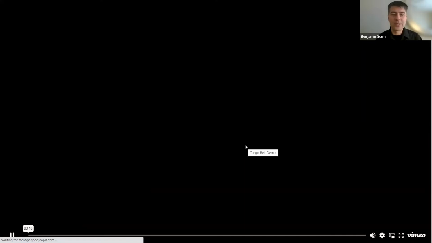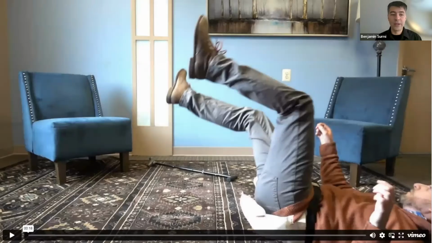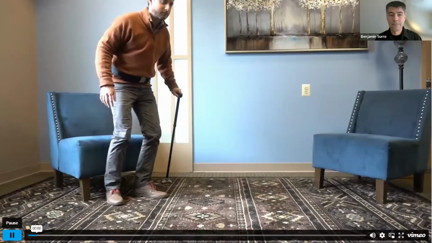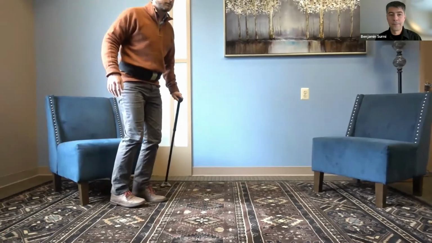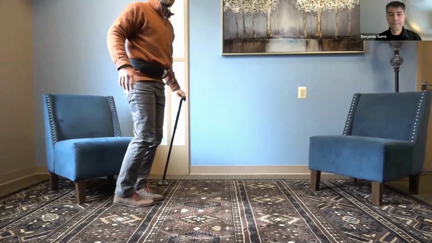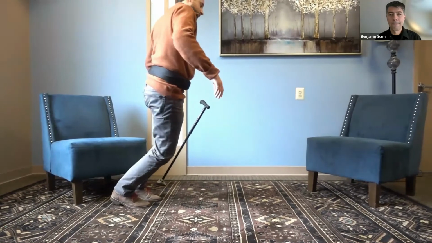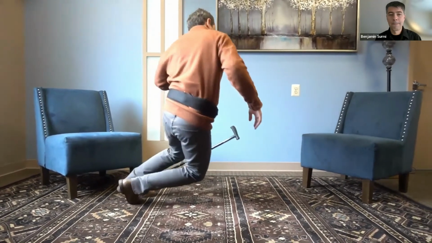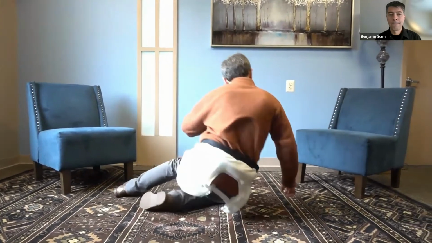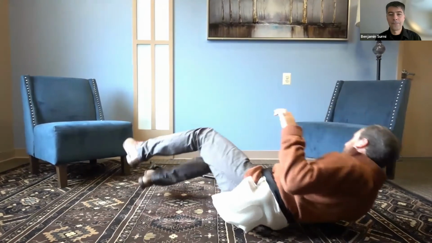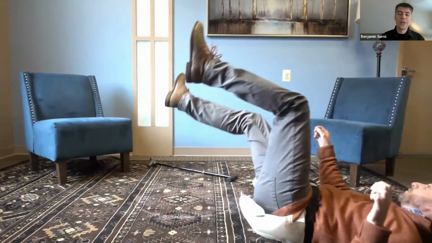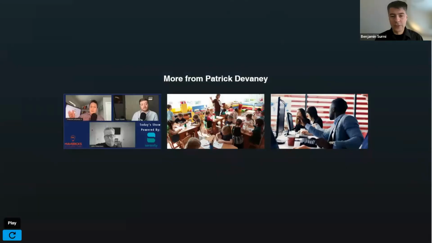So these are things that help us live a little bit safer at home. Here's a device that helps you if you fall, and it helps you avoid breaking a hip. So that's the Tango belt.